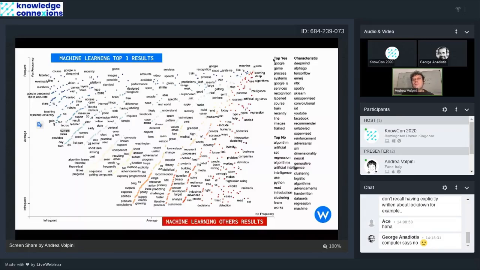So we can observe that there is a tendency to use Google as an entity for the top results that we get when we type machine learning inside Google in the US, and so on. So we can start to look at entities that are specific for this page, everything that is characteristic for this query, everything that is specific for the top 3 results, and everything that is not specific for the rest of the results.